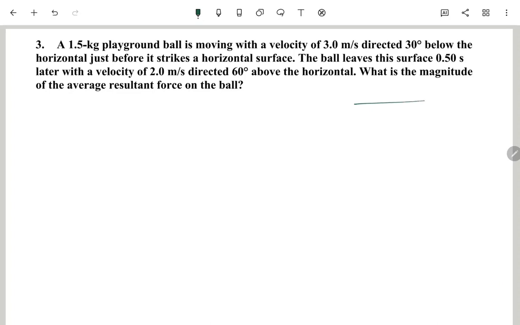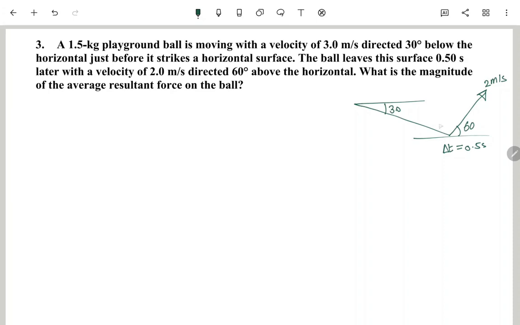Assuming this is the horizontal, the ball is fired 30 degrees below the horizontal and bounces back 60 degrees above the horizontal. The velocity here is 2 meters per second, and the contact time is equal to 0.5 seconds. Now we need to find the magnitude of the average resultant force on the ball.